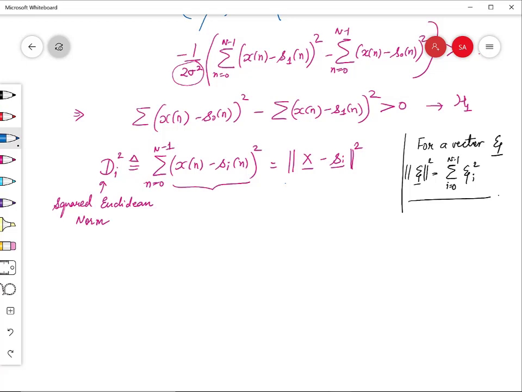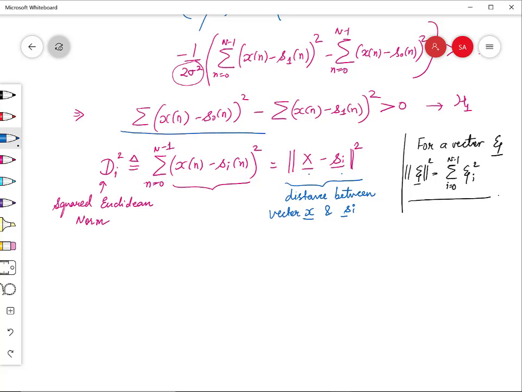So this becomes the distance between the vector x and vector s_i. This tells me the distance between vector x and s_i.